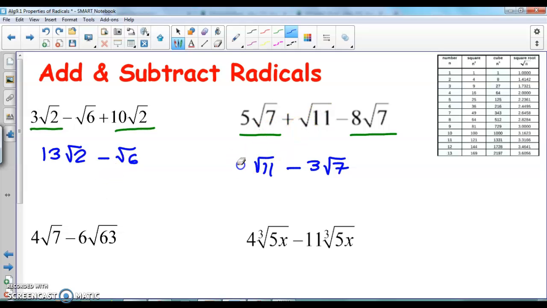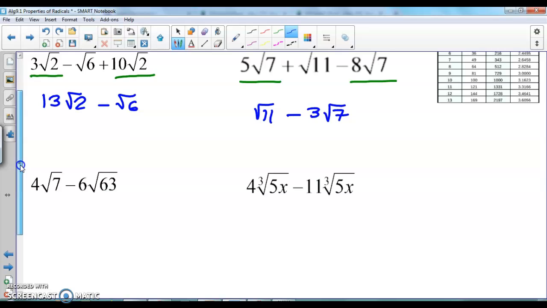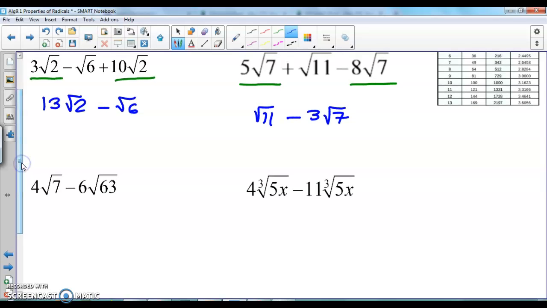Well, here I copied this one first and then I simplified. It doesn't matter because when adding and subtracting radicals, the order in which they appear does not matter as long as the answers take their signs with them. Addition is commutative. Subtraction is not necessarily commutative, but as long as you put the correct signs for the answers, then you can switch the order around.